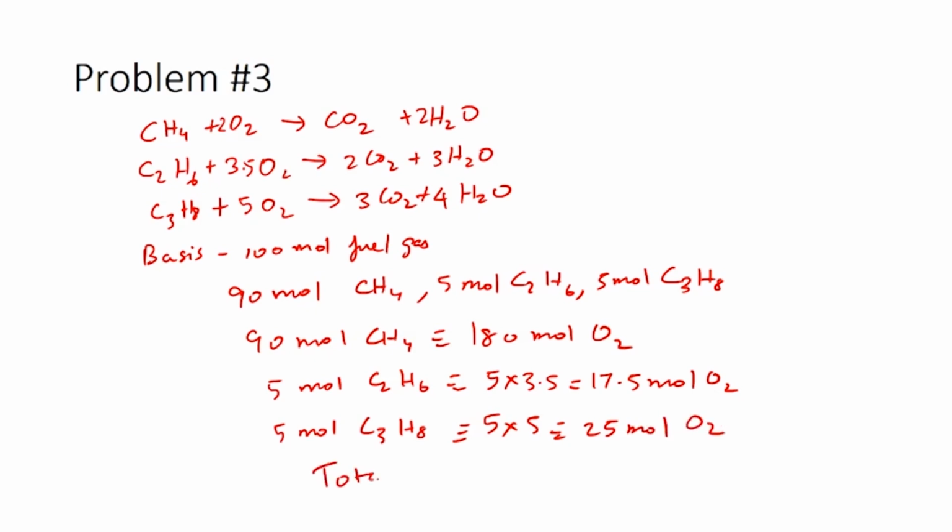So, total oxygen requirement would be 180 plus 17.5 plus 25, which is equal to 222.5 moles of oxygen. We have been told that air is supplied at 25% excess.